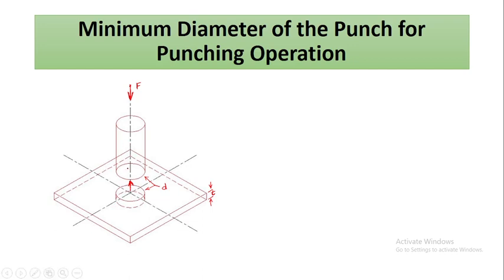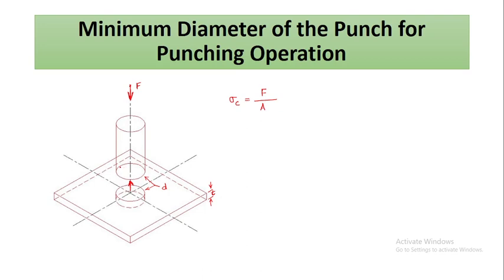So basically in the punch a compressive force will act. Now as the compressive force will act, we should find a material whose compressive strength is much higher. Okay, so we know that the compressive strength of a material can be written as the force that is acting divided by the area.